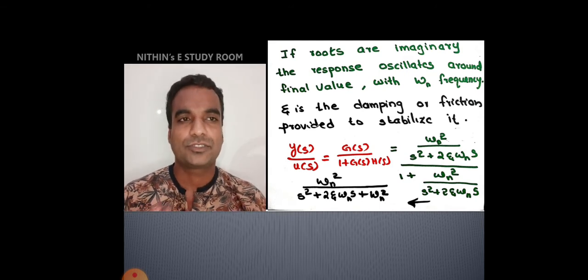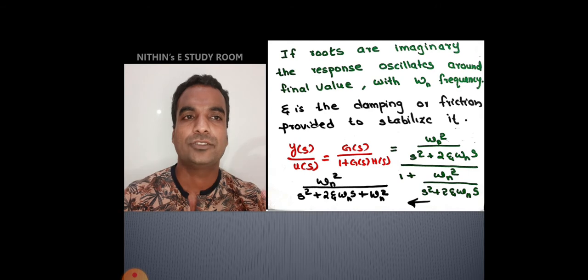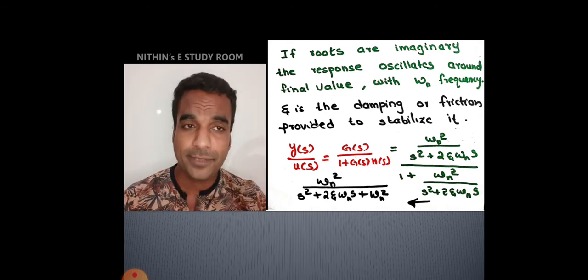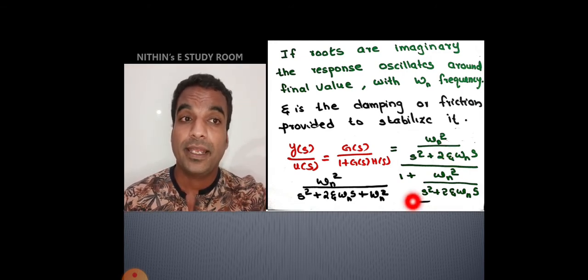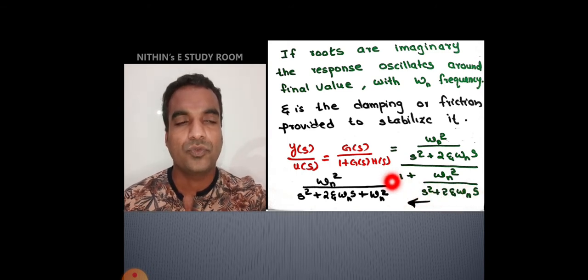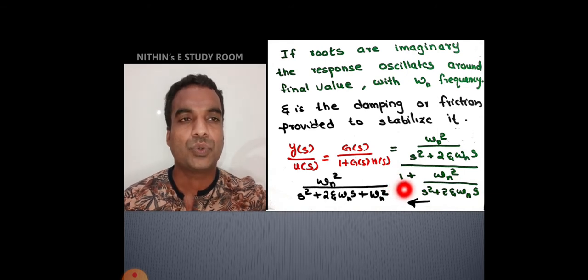So just open the bracket: omega n squared by s squared plus 2 eta omega n s, that is the G of s, divided by 1 plus omega n squared by s squared plus 2 eta omega n s. Now we have to take the LCM, so this term will move to this side. That will become s squared plus 2 eta omega n s plus omega n square in the numerator, and this denominator will get cancelled with this denominator.